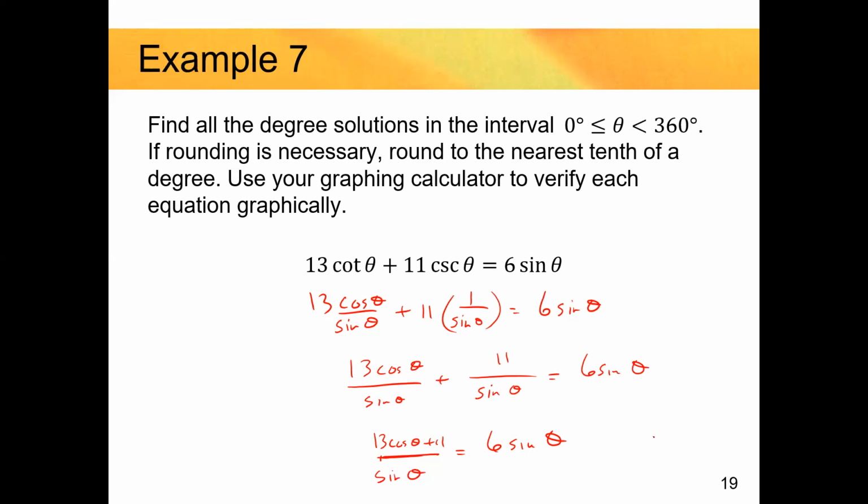I can multiply any other number whatsoever. So off to the side, we say sine theta does not equal 0. If I get that answer, I'll have to discard it. And now that allows me to do that here. So sine theta on one side, sine theta on the other, that cancels, and I'm getting closer.